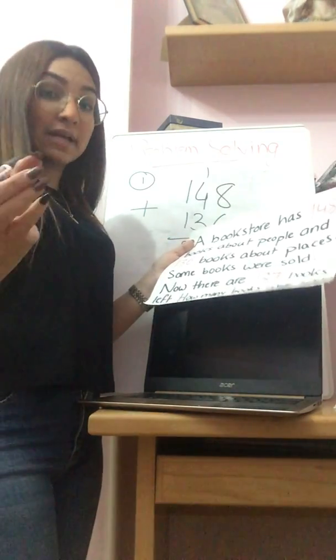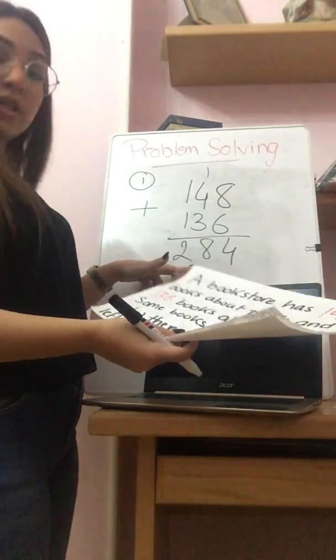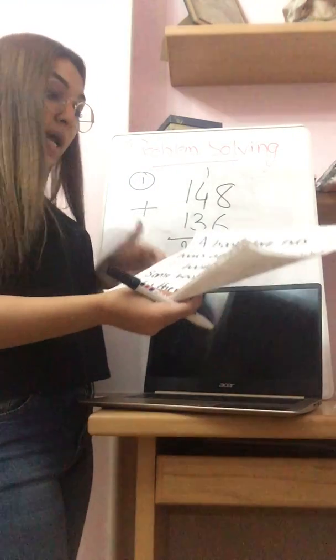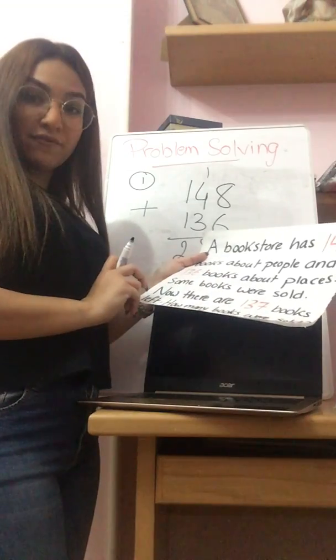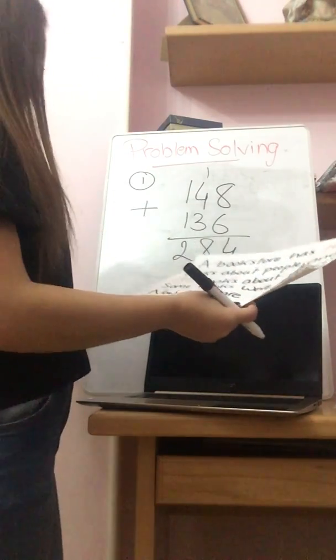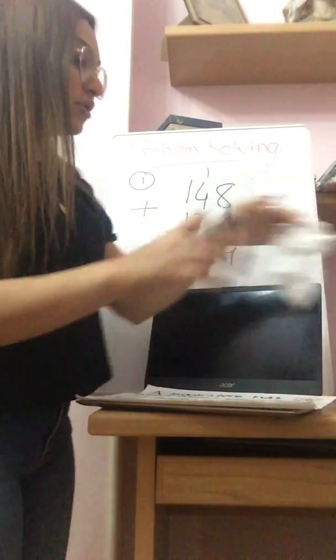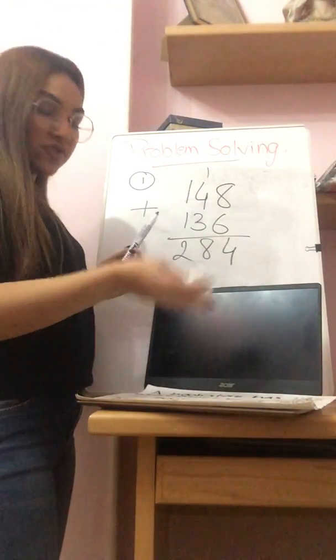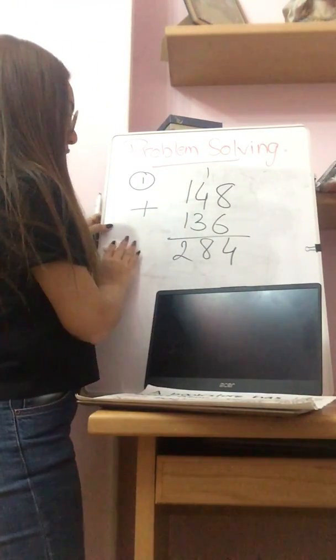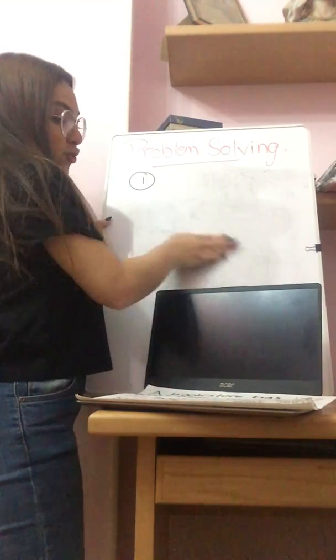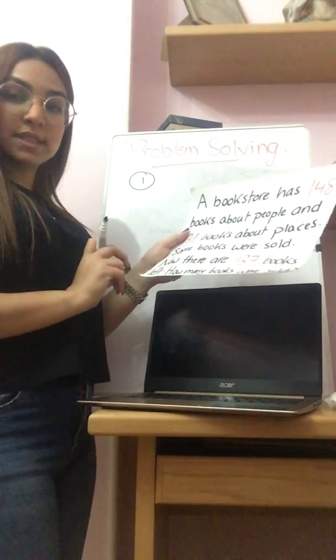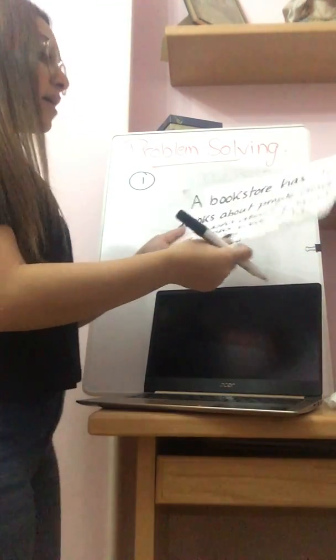I have to subtract, because now I have the total number of books in the bookstore and I have the 137 books that are left after we have sold the books. So now, after adding, we are going to subtract in order to know how many books were sold.